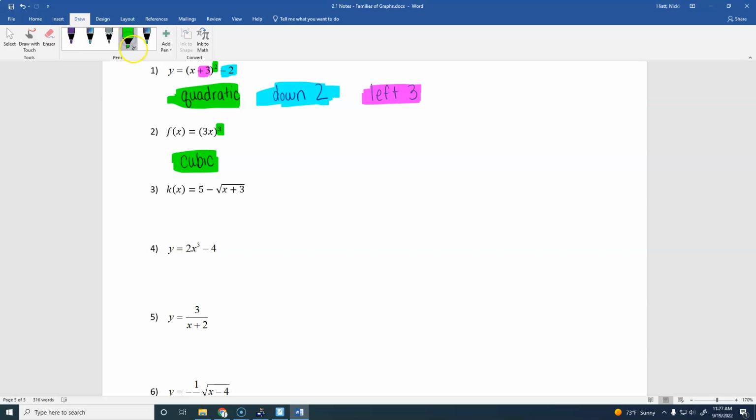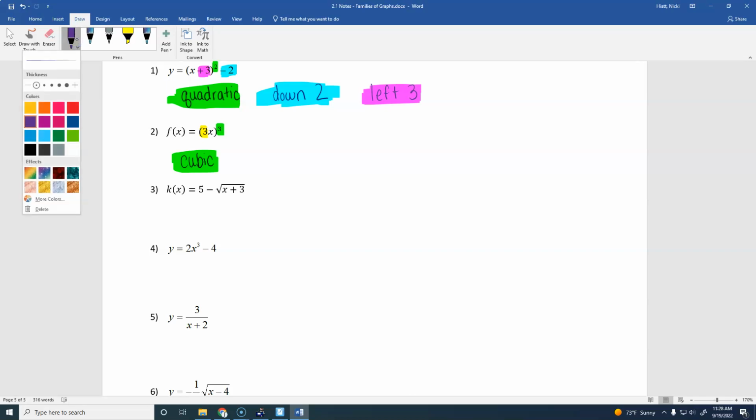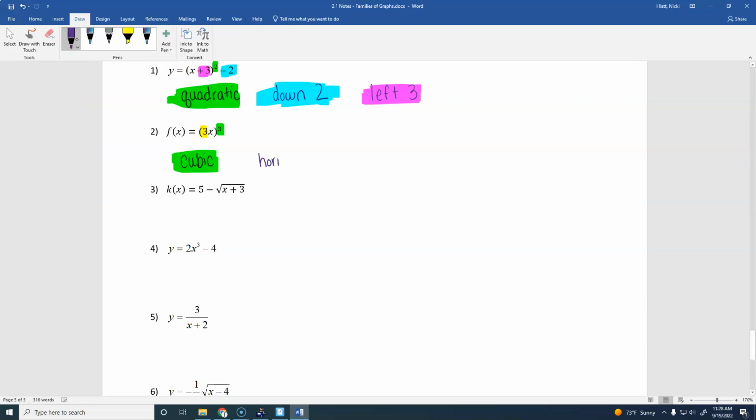I have got this 3 right here on the inside, and it's multiplied by my x. So what do you think, Luke? Is it a horizontal or a vertical shrink? It's on the inside of the parentheses, so that tells me horizontal.